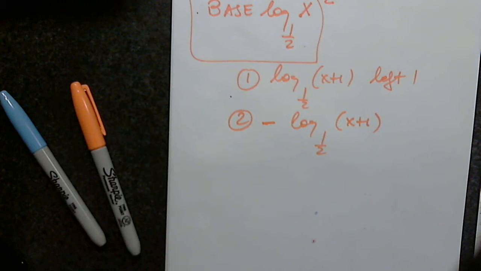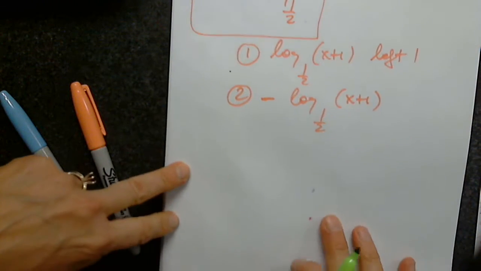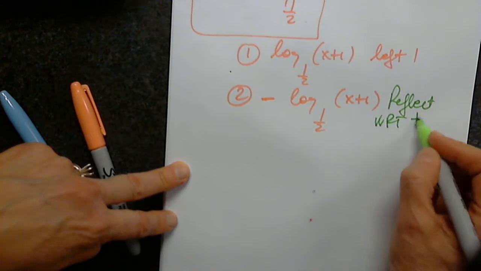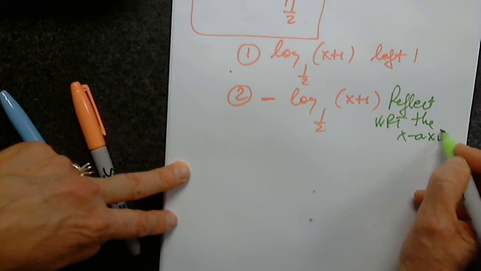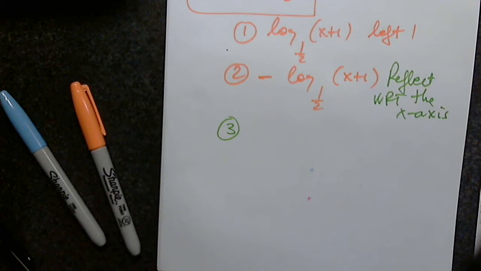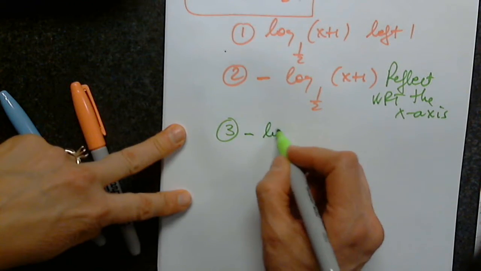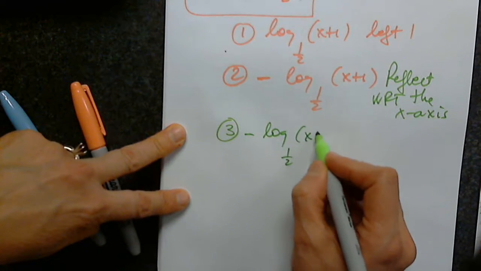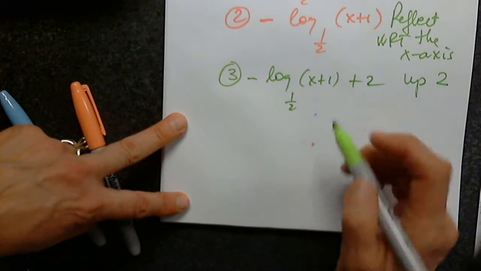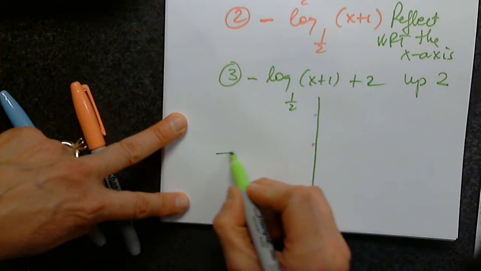Exactly. Reflect with respect to the x-axis. Awesome. With respect to the x-axis. Very good. And what transformation is 3 on 2? Very good. Negative log base 1/2 of x plus 1, plus 2, up 2 indeed. Good.